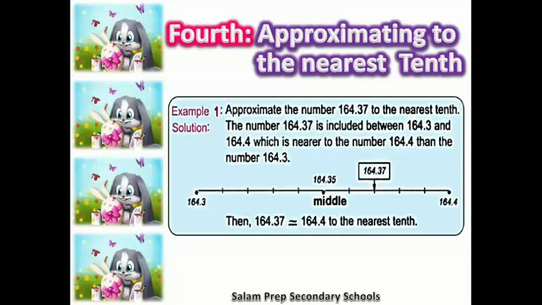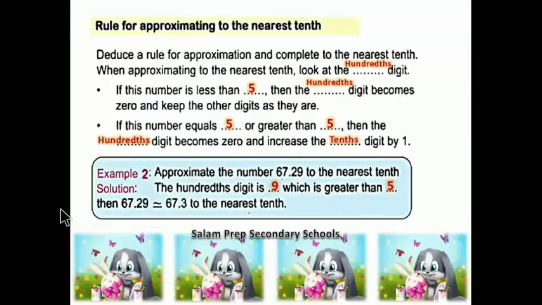Before tenths digit in decimal part is digit 7 in hundredths place in decimal part. 7 is greater than 5. So we will add 1 to 3. 1 plus 3 equal 4. So 164.37 is approximated to the nearest tenths 164.4.